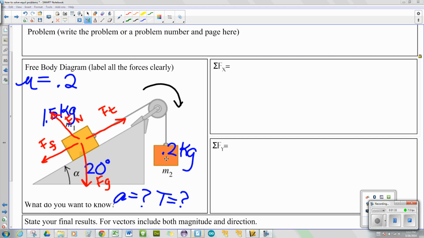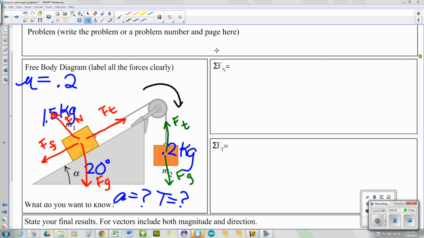For the second block, there will be force of gravity, because it's on Earth, and force of tension, and no other forces. Now, in order to analyze this problem, I'm going to have an X and a Y force equation for the sliding block, and only a Y for this one.